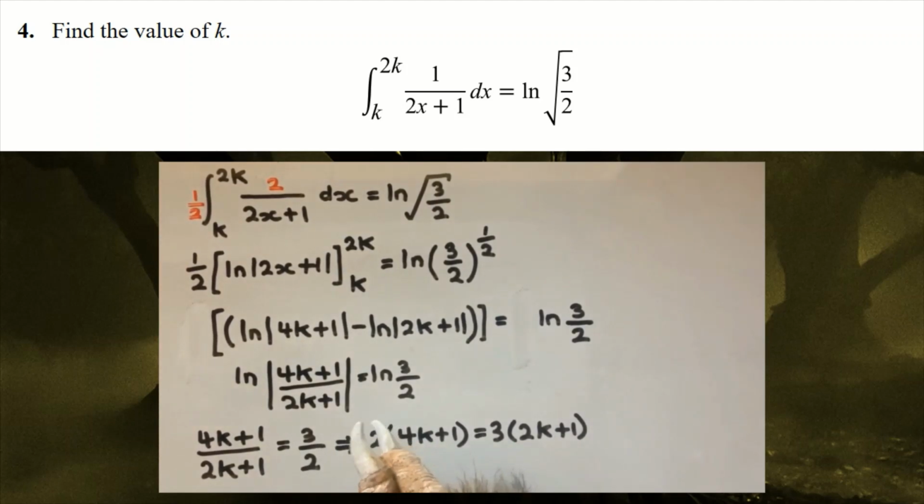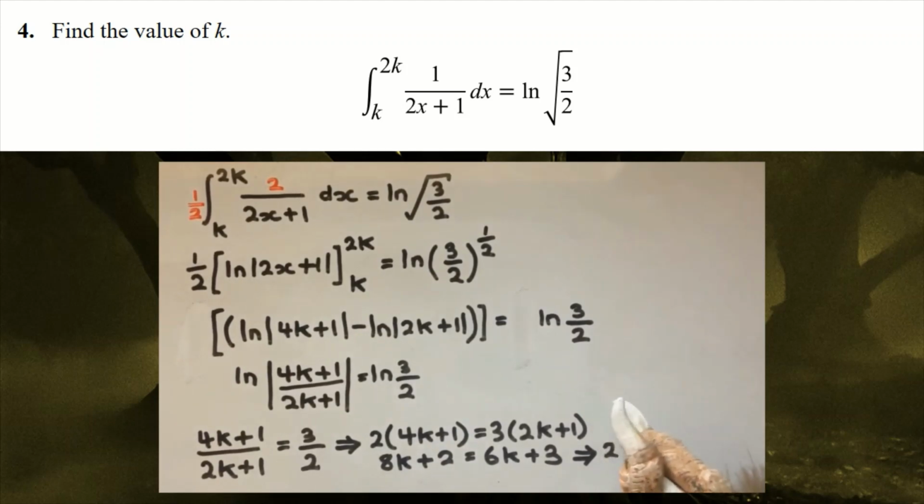So 2 lots of 4k, so we have 8k plus 2 is equal to 6k plus 3. And I won't do many more steps, but this implies subtract the 6k from both sides and subtract 2 from both sides. So I'm going to have 2k equal to 1. Fabulous. So k is a half. There we have it.